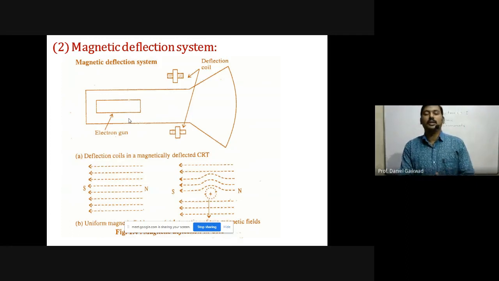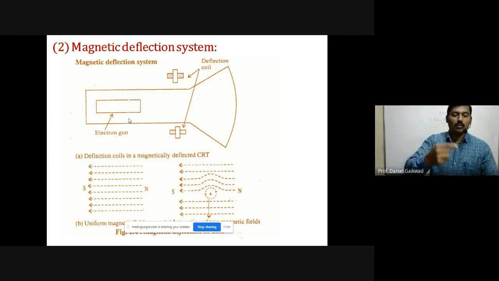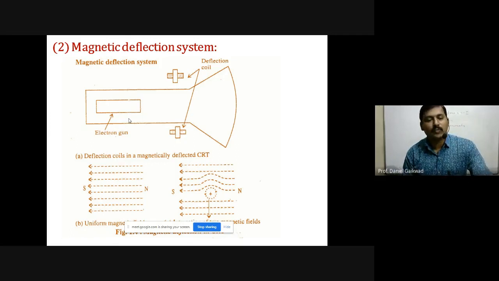Second method is, suppose we have a coil and that coil carries current. A coil carrying current also produces a magnetic field. So a system of coils or a pair of coils we use to generate the magnetic field.